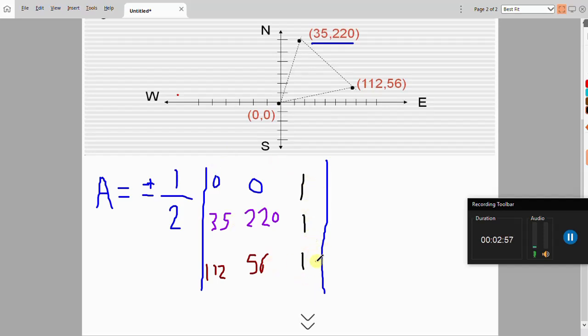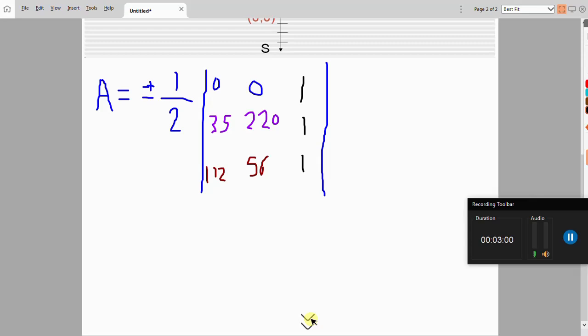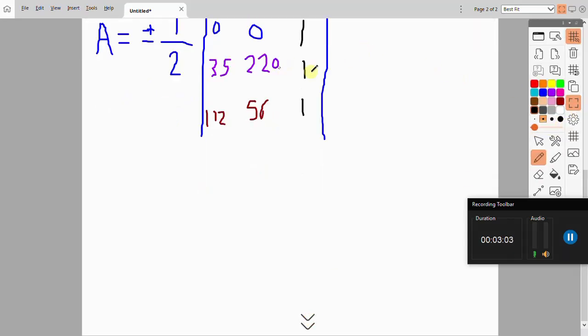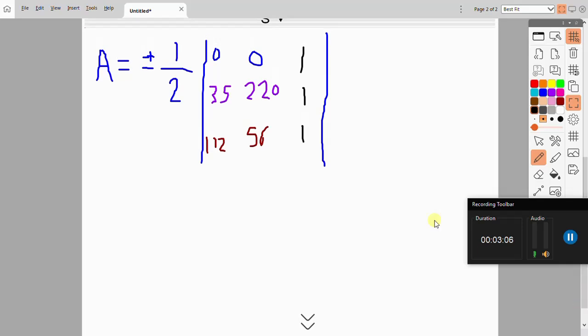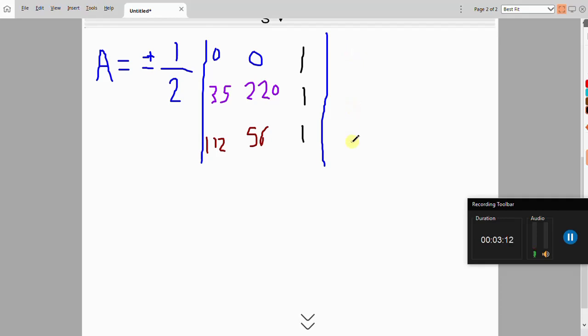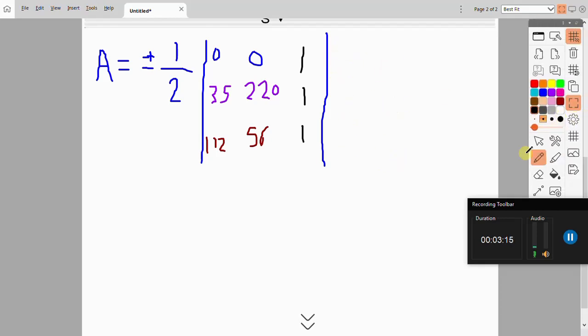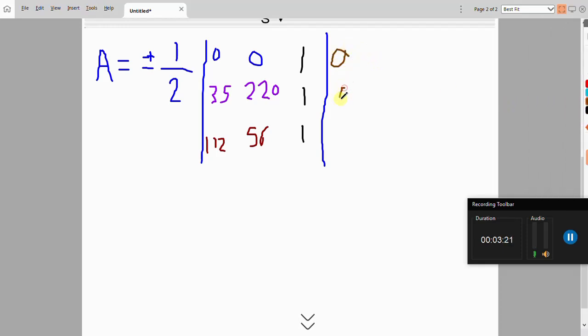We can calculate or evaluate this determinant by even repeating the first two columns: 0, 0, 35, 220, 112, and 56.